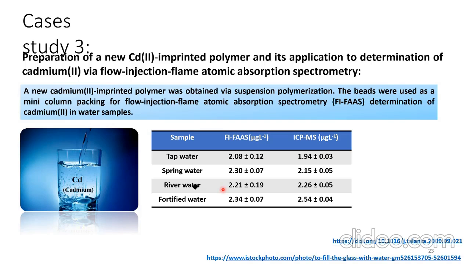They used different samples from different places like tap water, spring water, river water, and fortified water. With the help of FIAS, they could detect it, but it was not as good as ICP-MS. ICP-MS was showing better, more exact quantities as compared to FIAS.